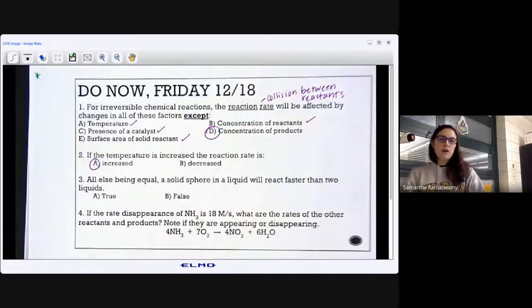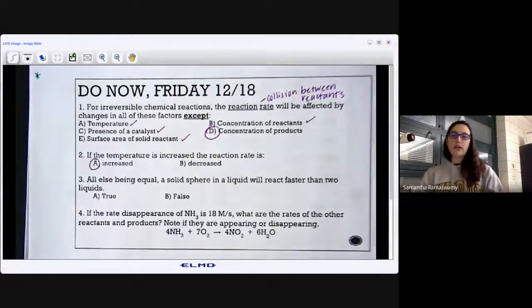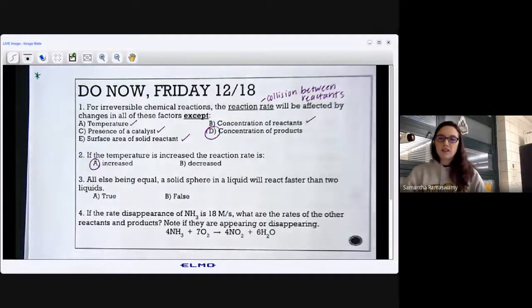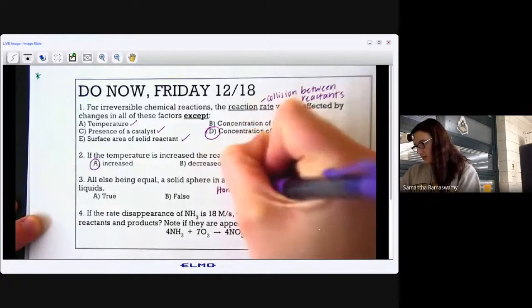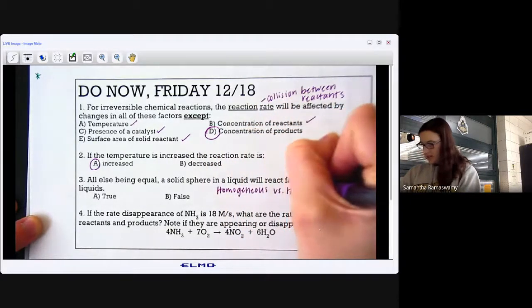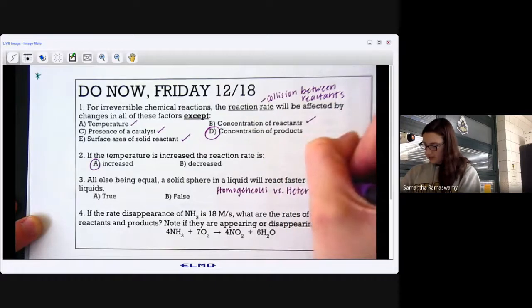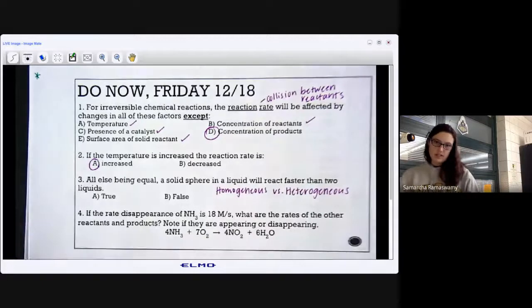Number 3, with all else being equal, so concentration, temperature, everything else being equal, a solid sphere in a liquid will react faster than 2 liquids. If you look back at the first page of your notes, it looks at homogeneous versus heterogeneous, and it says that one reacts faster than the other.